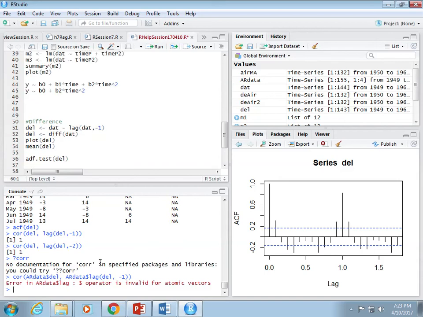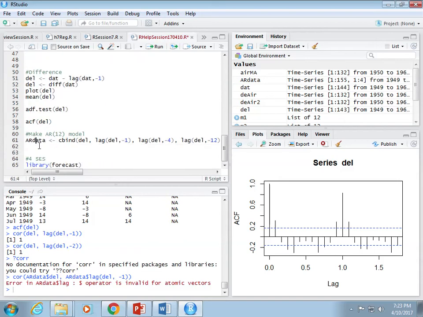Sorry, so I have this data set which is just column-binded. So I put them all into one data frame, so that way I can do the regression nicely. And I'm going to change the names actually. AR data column names: del, lag 1, lag 4, lag 12.